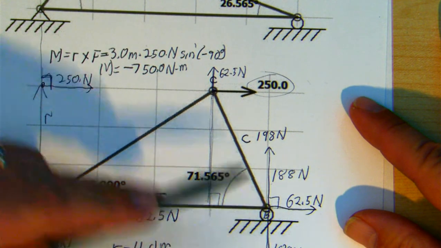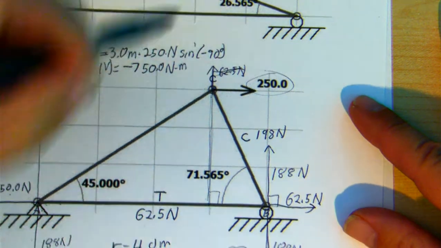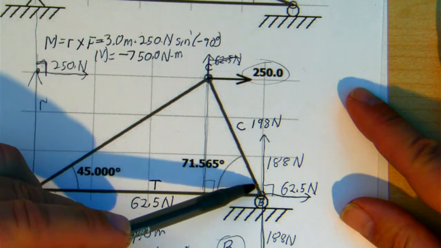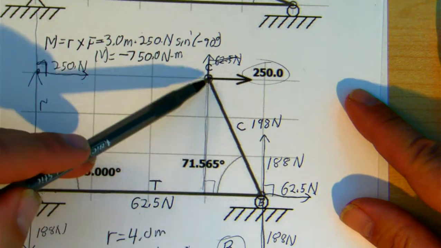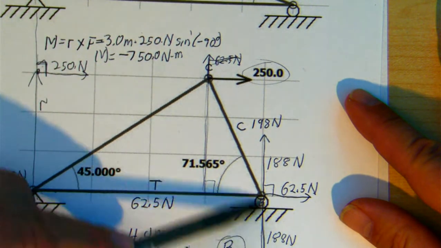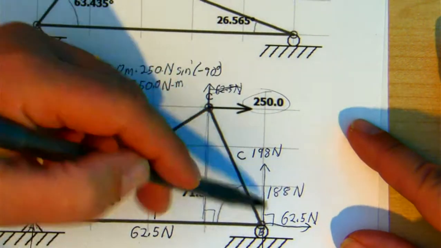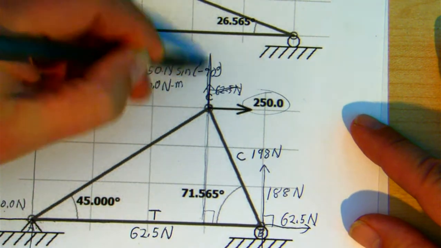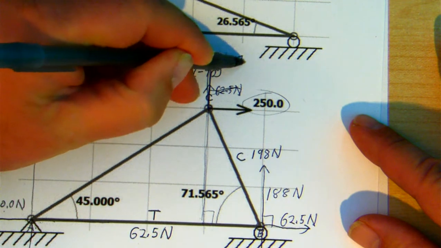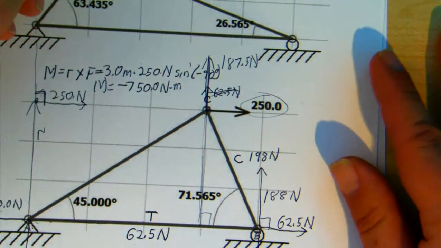Oh, I said the wrong thing, didn't I? I'm sorry. The roller is pushing up on B with 187.5. So C is pushing down on B with 187.5. So B is pushing up on C with 187.5 newtons.